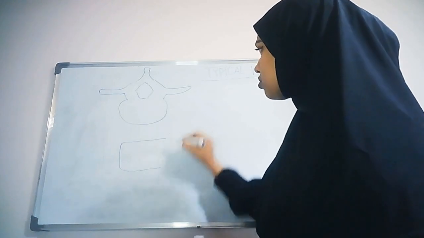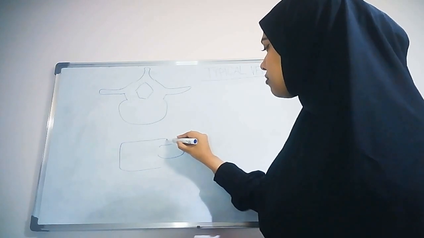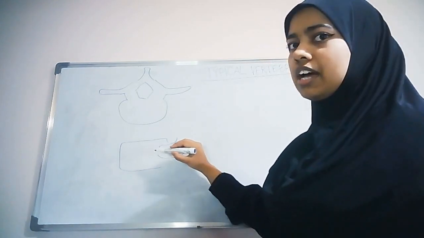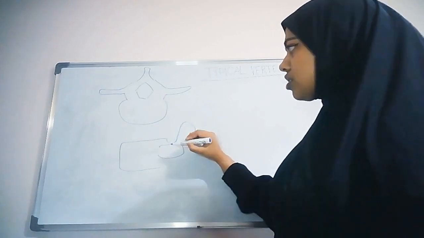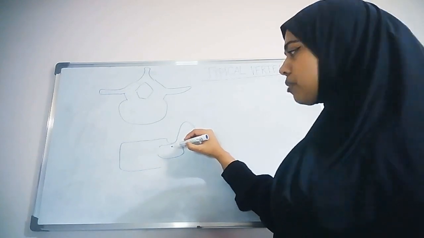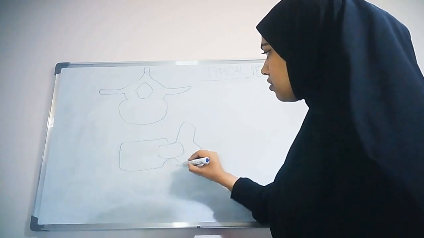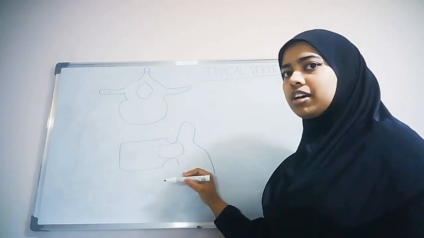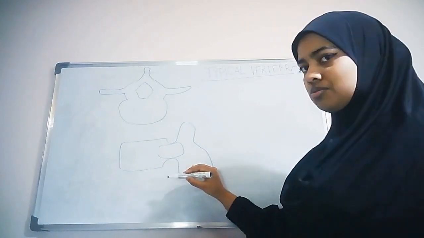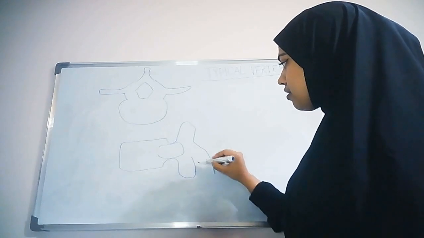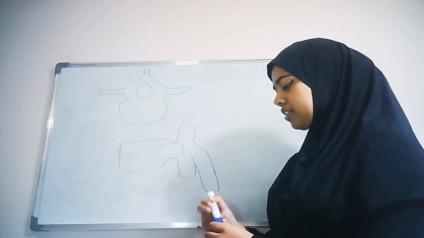We have corpus, processus transversus, incisura vertebralis superior, processus articularis superior, then incisura vertebralis inferior, and processus articularis inferior, and here processus spinosus.